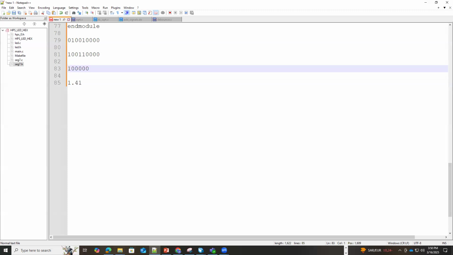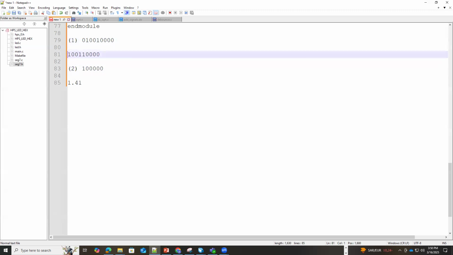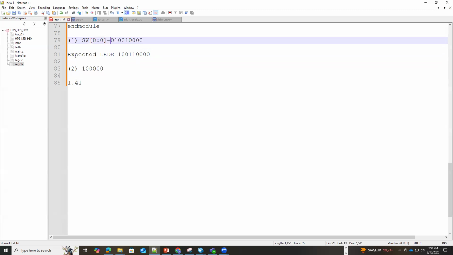So this is the second test case. The first test case is this, and the second test case is this. These are LEDR expected, LEDR expected. And these are the values of switches 8 to 0.